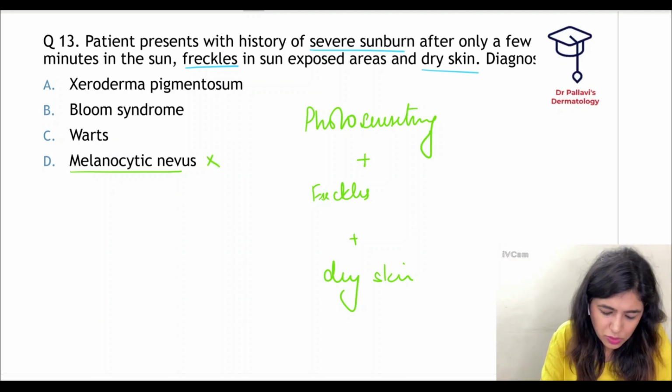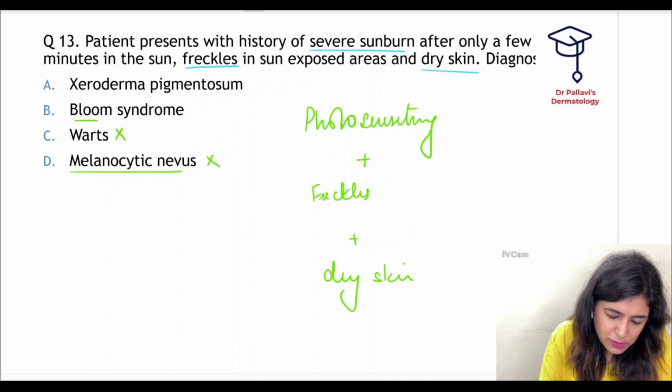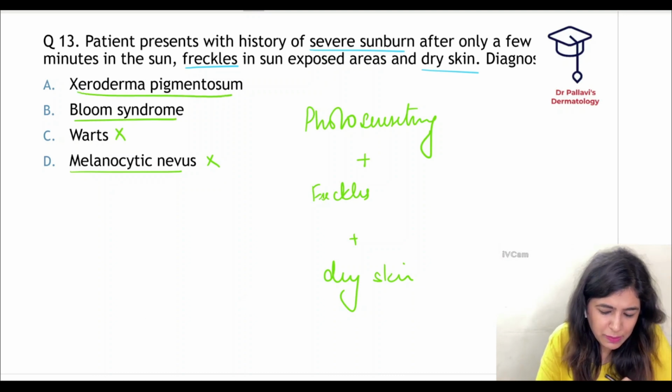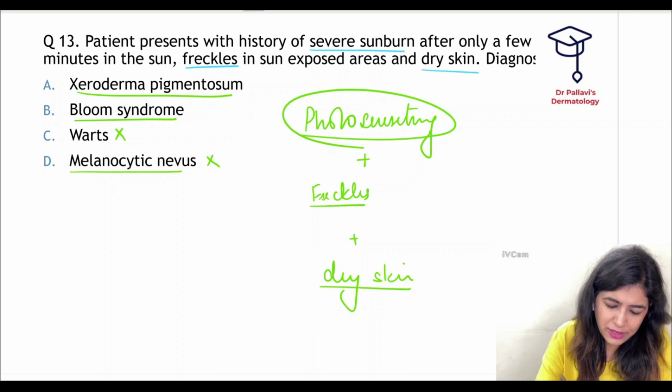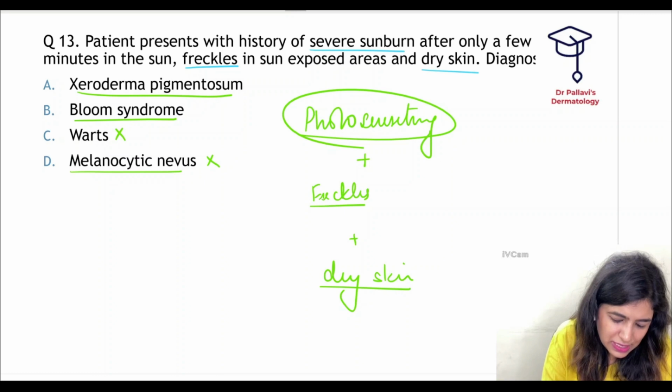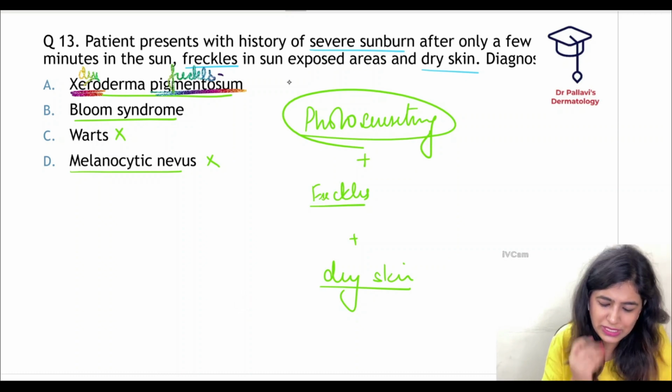Warts? Not at all. To choose between Bloom syndrome and xeroderma pigmentosum, both of these have photosensitivity, but freckles and dry skin are hidden in the name of this disease. See, xero means dry. Pigmentosum means freckles and other pigmentary changes.